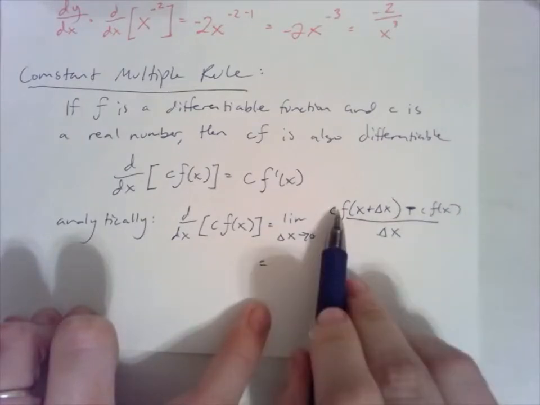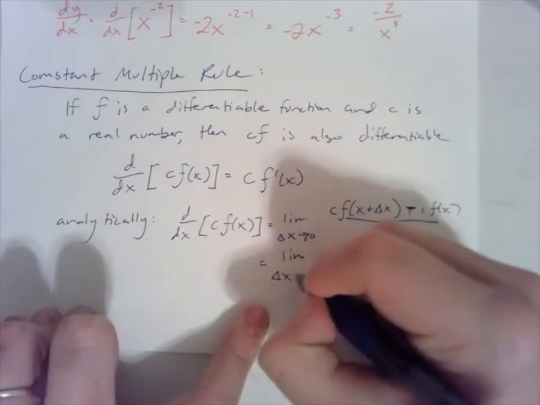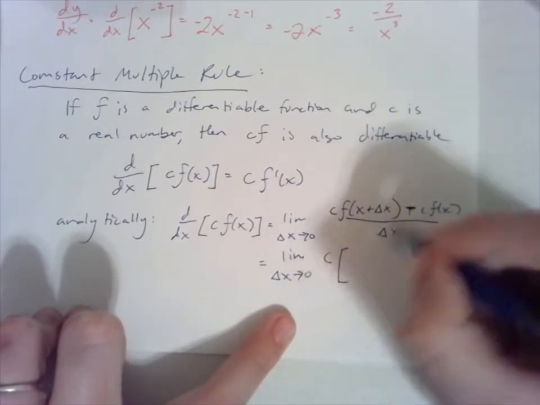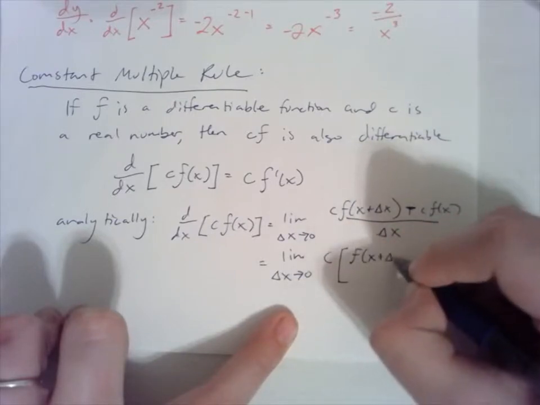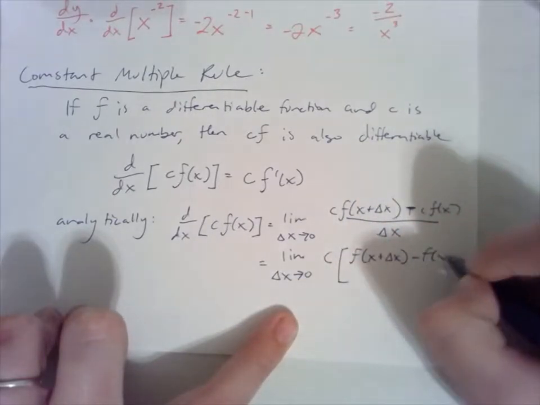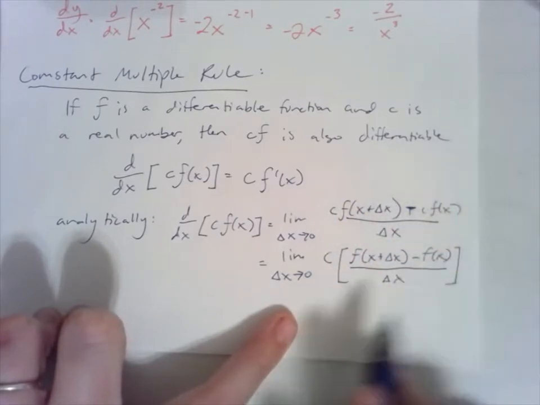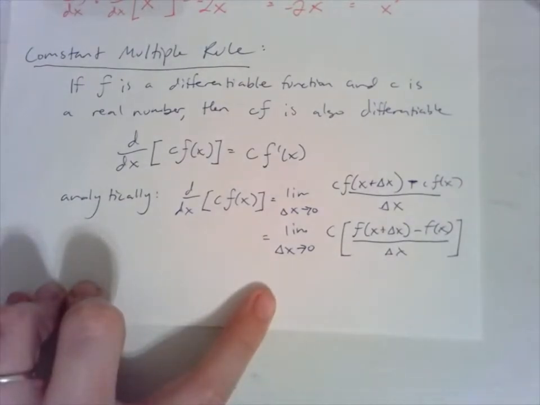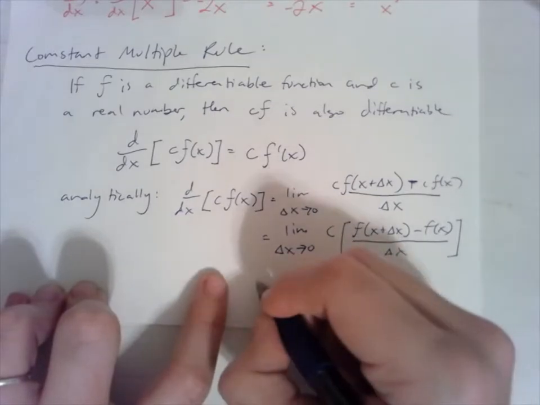And what we can do, you can see from the top, they both have c. We can factor that out. So we have the limit as change of x approaches 0. We factor out the c, and then we have still f of x plus change of x minus f of x all over change of x. And now we know about limits, that if we have a constant times something else, we can take that constant and put it out front.